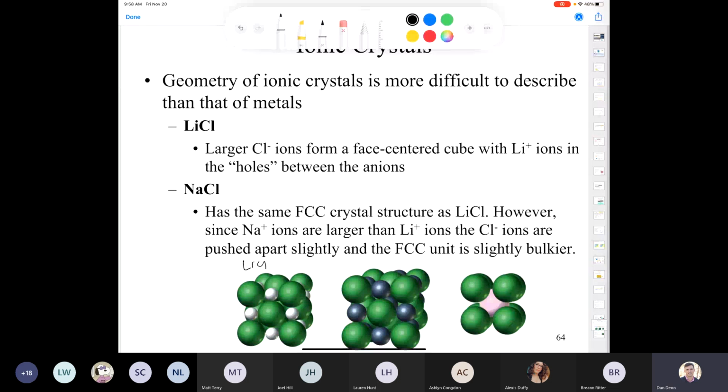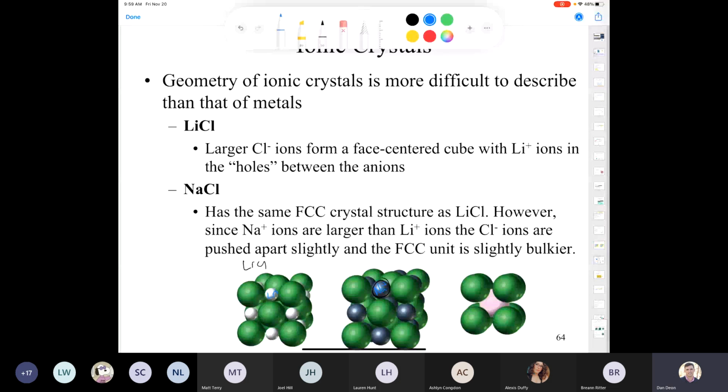Whereas sodium chloride has the same face-centered cubic structure. However, since the sodium ions, this is a sodium ion right here, are bigger, chloride ions are pushed apart, and the face-centered cubic crystal is going to be slightly bulkier.